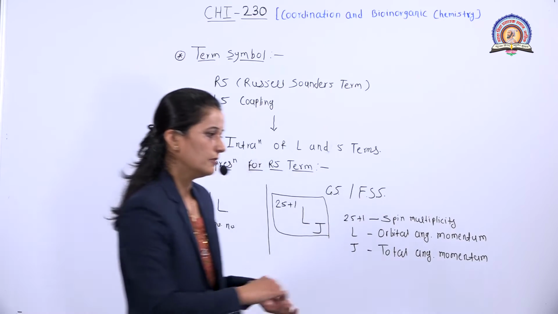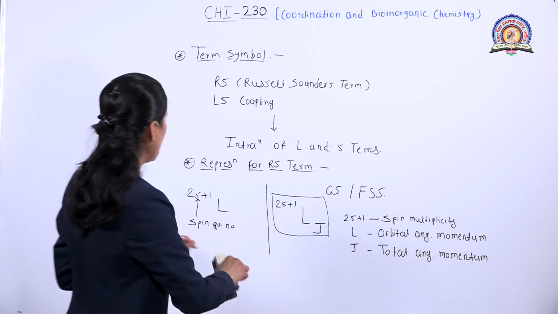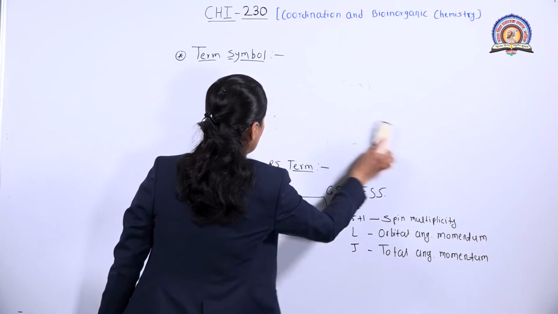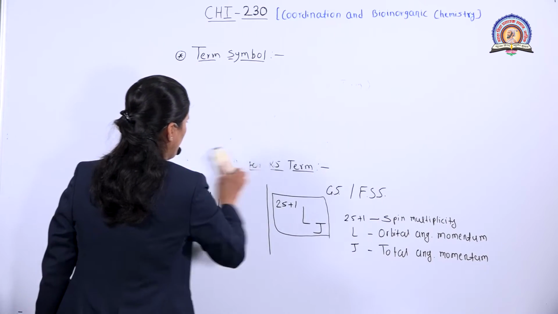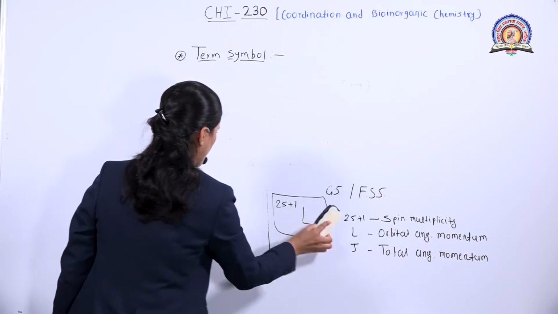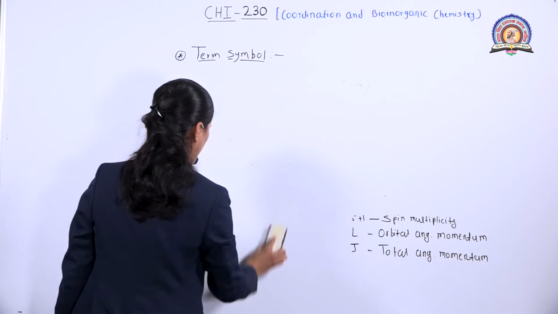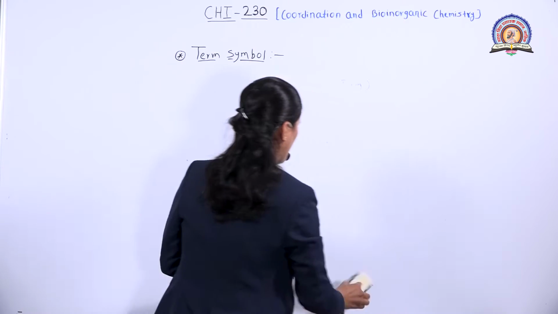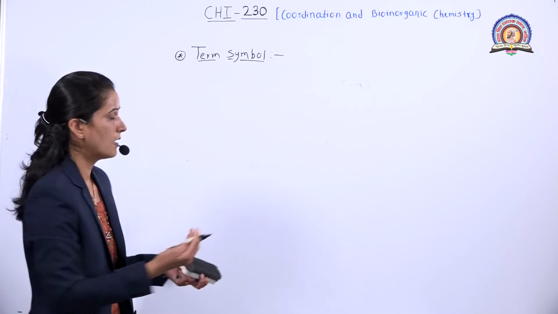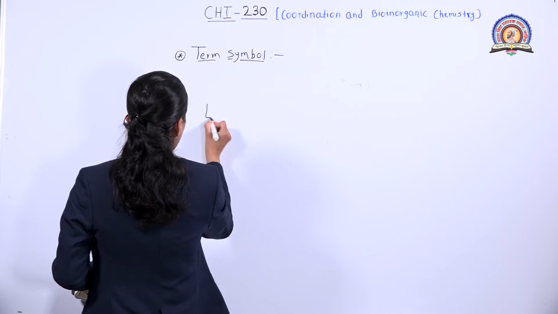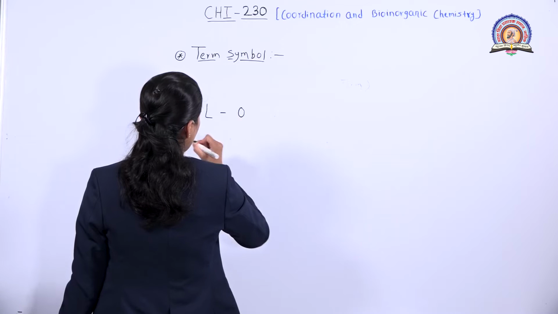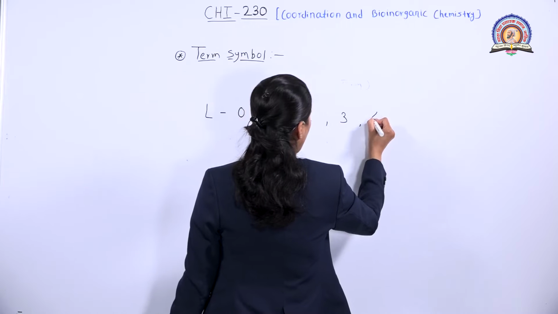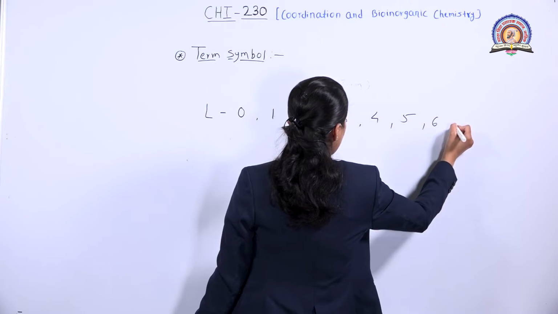Okay, so let's see what exactly L is. L means orbital quantum numbers, that is, the number starts from 0, after that 1, 2, 3, 4, 5, 6 and so on.